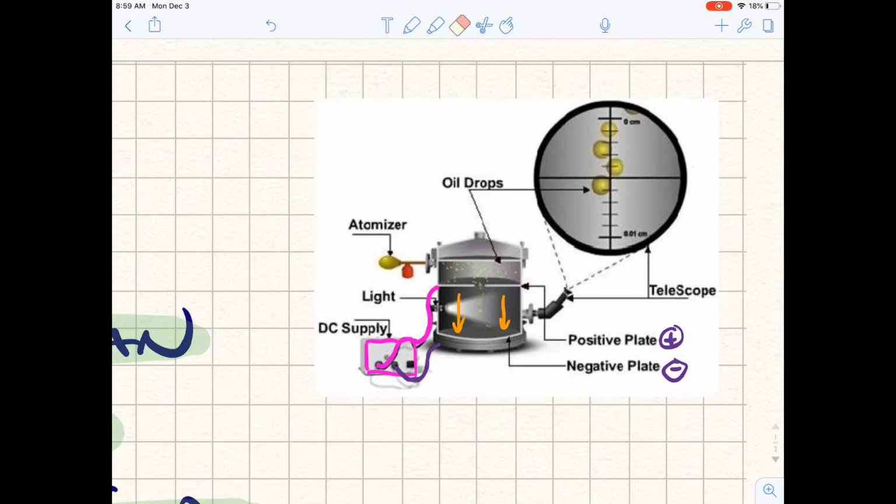And that really is the secret of how it all works. You can see the light source. And the light source's only objective is to allow the microscope here to zoom in on these little oil drop particles as they're in the chamber between the charged plates.